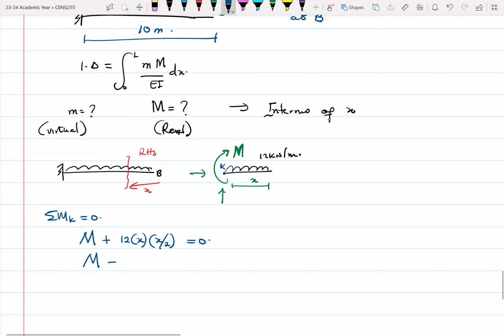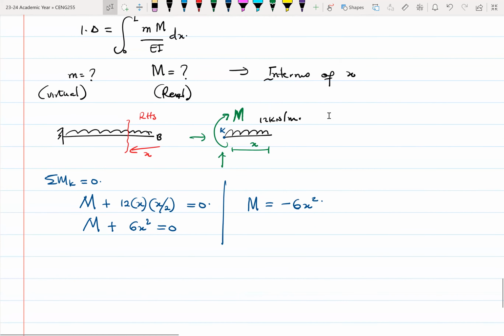So big M here plus 12x squared over 2, which is the same as 6x squared, equals 0. This implies that my big M is equal to minus 6x squared. So I've gotten the first M. Great.